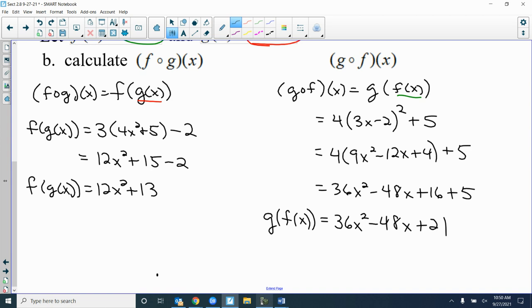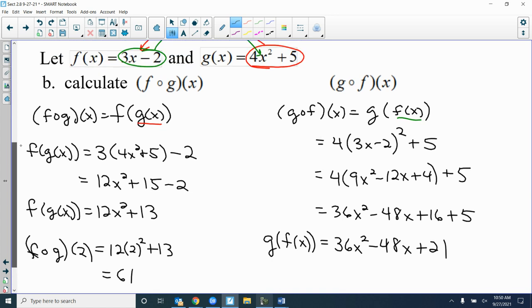Let me just revisit the one above for half a second. We did f of g of 2, right? We plugged it into g, we took the answer and plugged it into f. That would be the same as if we used this function here. So if I plug 2 into this, 2 squared is 4, 4 times 12 is 48, and then 48 plus 13 is 61.